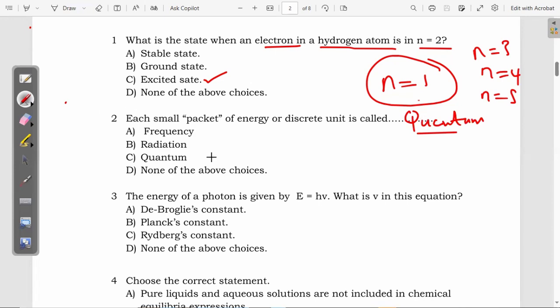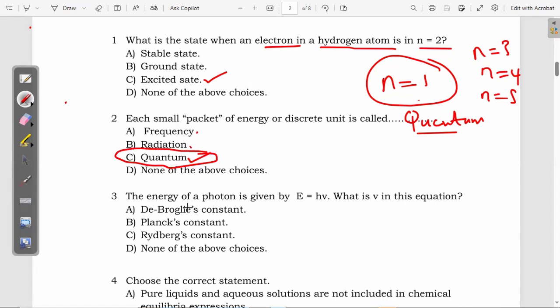So we pick C as the best answer. The others are self-explanatory. Radiation is not a small packet of energy. Frequency is not even energy; it's a measure of something. So we pick quantum as our answer on number 2.